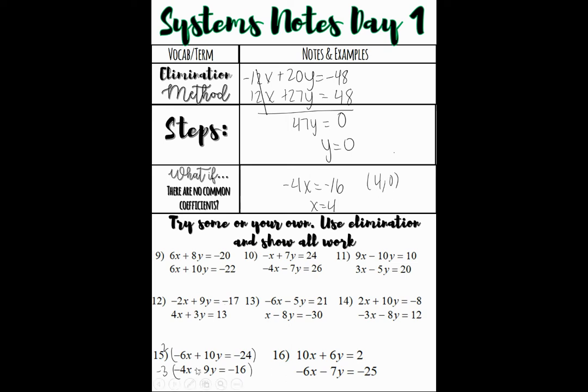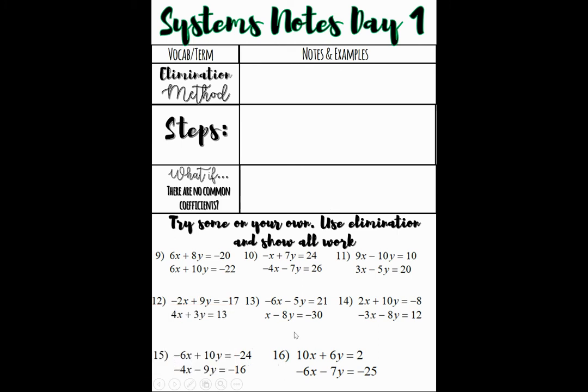All right, number 16. I can look. To get my x's the same, 10 and 6, they both have 30 in common. So I can multiply the top by 3 to get that to 30, the bottom by 5. So I get 30x plus 18y equals 6.